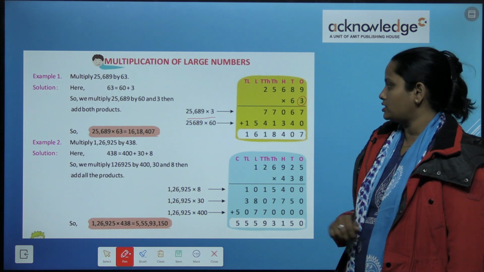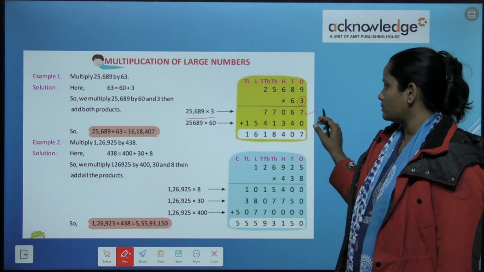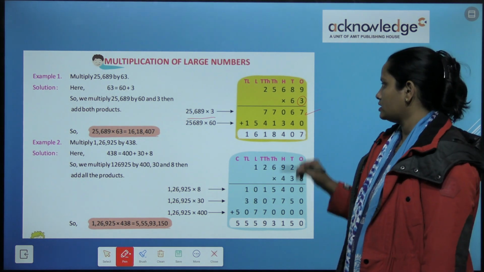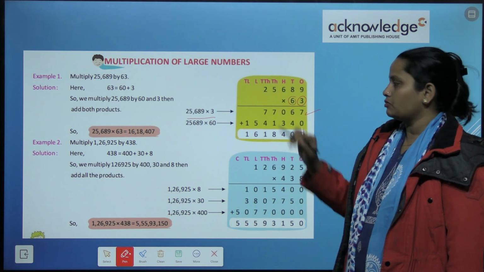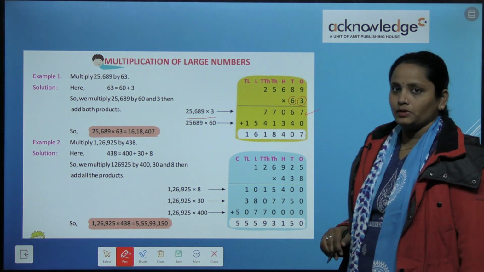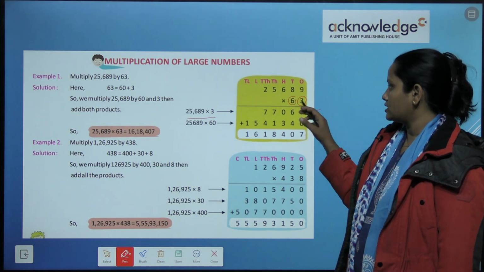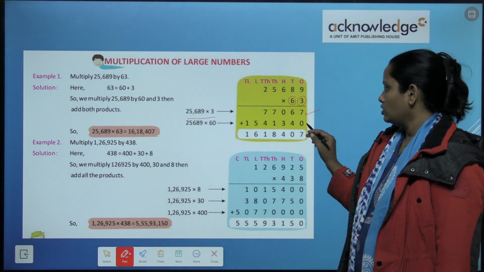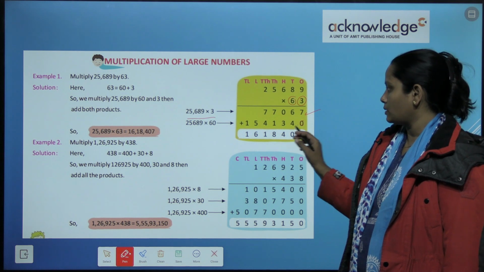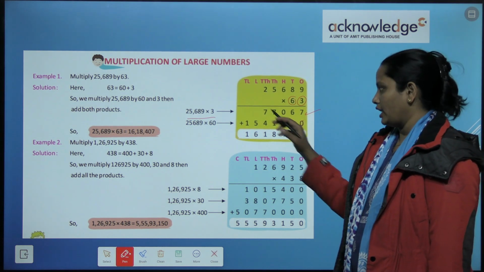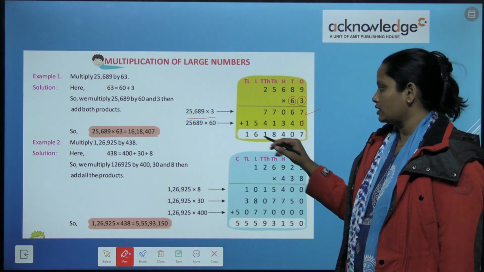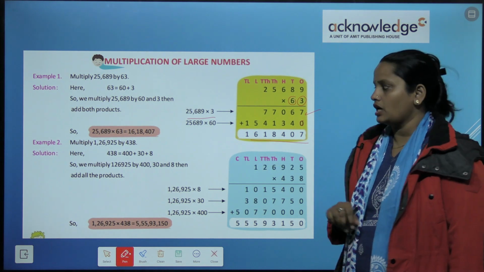So 3 is a ones digit. इस पूरे number को multiply किया. This is the answer that we get. अब हम 6 से इन सारे numbers को multiply करेंगे जैसे हम normal multiplication करते हैं, लेकिन उससे पहले 60 से हमने किया है इसको, तो यहाँ पे एक 0 लग गया है. उसके बाद हमने सारे numbers लिखे हैं and then ये जो दो answers हैं इन दोनों को हमने add किया. So this is the answer.